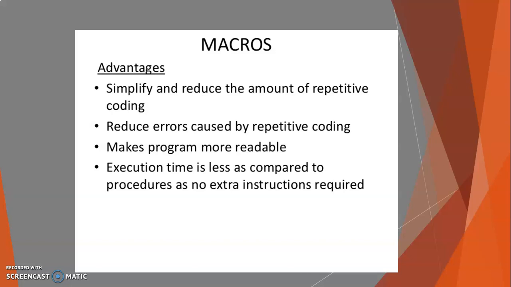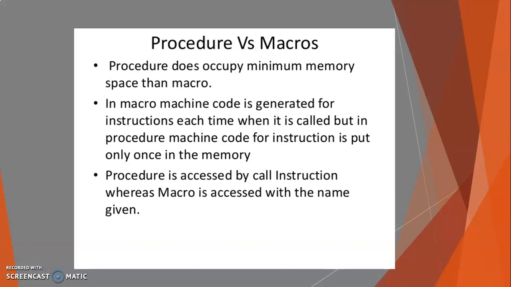First we will see some advantages of a macro. It simplifies and reduces the amount of repetitive coding, reduces errors caused by repetitive coding, makes the program more readable, and execution time is less compared to procedures as no extra instructions are required. So these are the macro advantages.